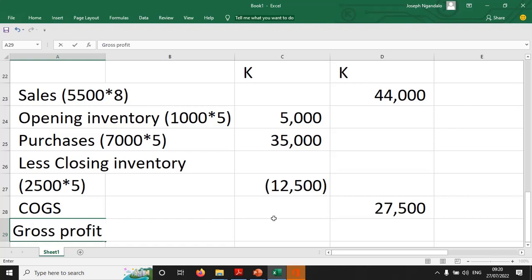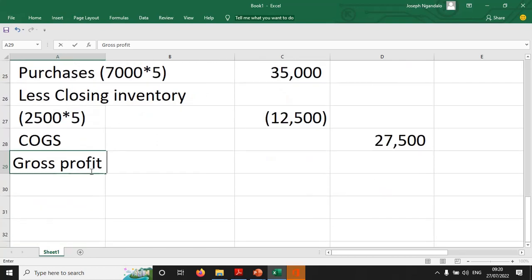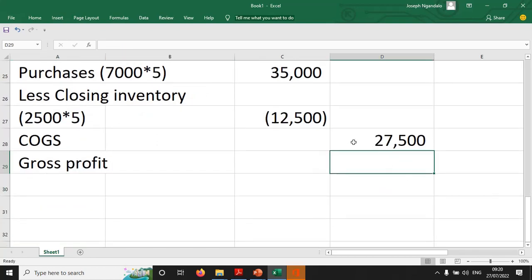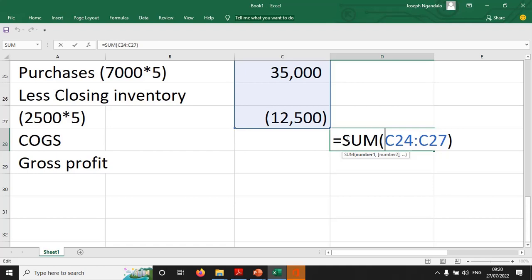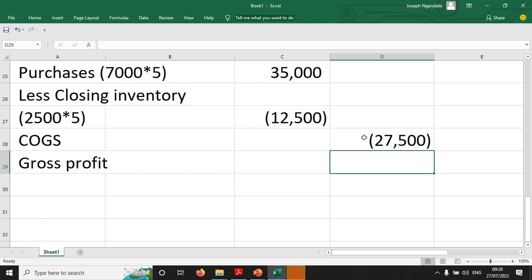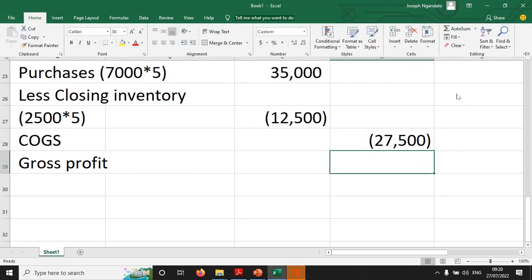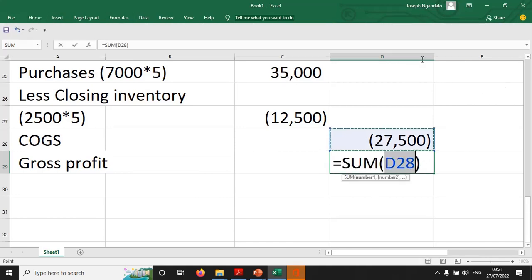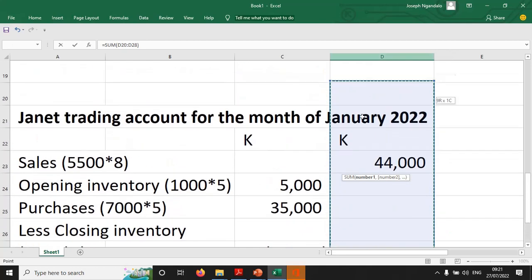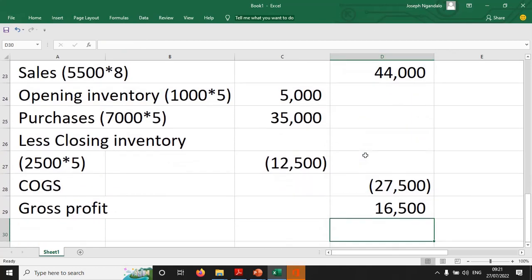I'm going to send you a lecture so that you can go through some of the things that maybe we didn't see. We say 27.5, right? Okay, so I'll just write it manually here so that I can establish my gross profit, and I'm finding 16.5.